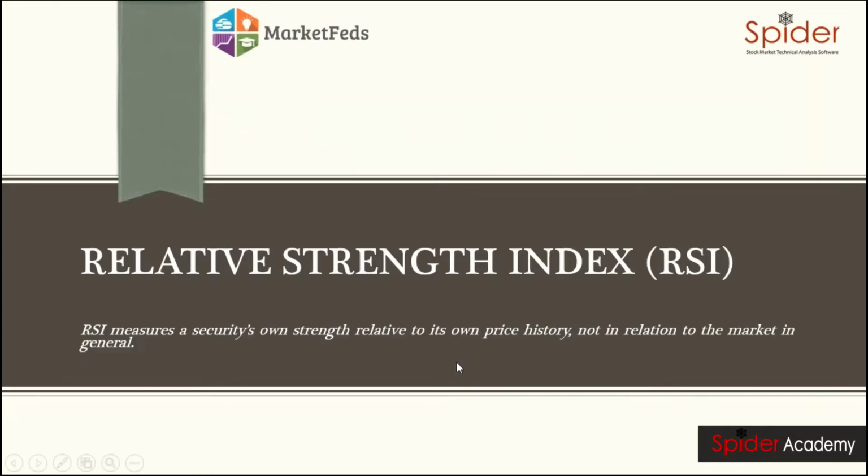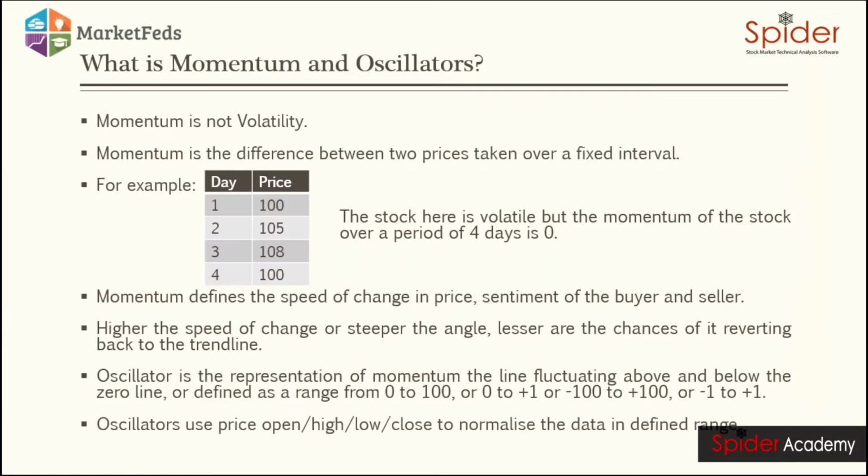So now we'll understand what is an oscillator. Now momentum could be a very wide category. It does not have a bound range. So when we bind this momentum of prices over a period of time, we put them down into oscillators.